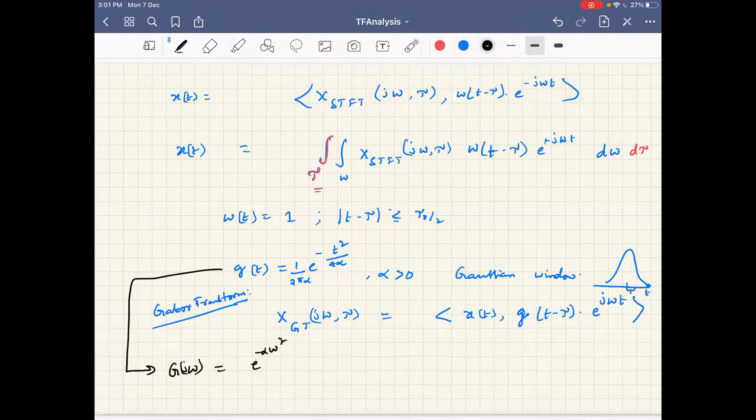Hence, the localization that it gives in time is also there in the frequency domain. That means if it is localized to a particular tau here, there will be another omega naught around which the frequency content is localized in the frequency domain. We will see further advantages of this Gabor transform.